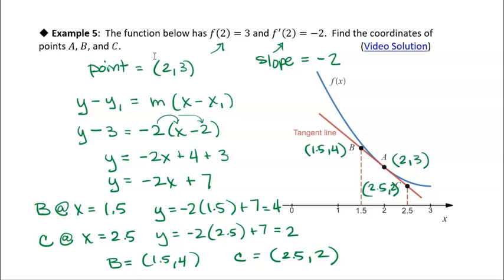So oftentimes we use the tangent line to approximate a function. We can approximate the values of f of x near A with the tangent line. And so the tangent line will become an important thing to use. So that's all I have for this section, and I'll see you in class.